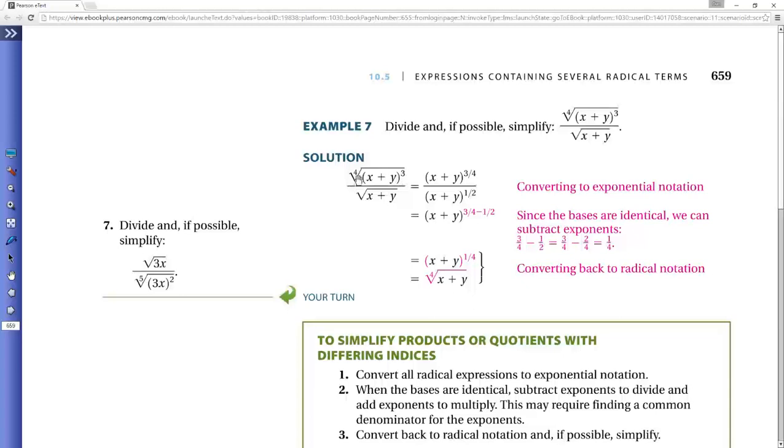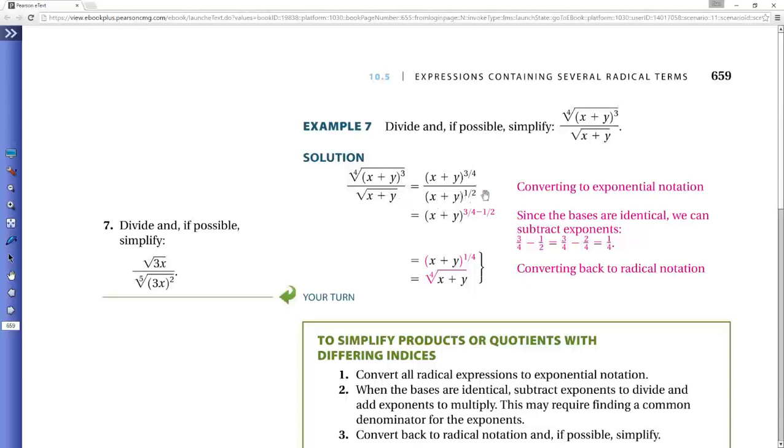But really what you're doing is, if this is the 1/4 power of this whole thing, you take power of power, you multiply 1/4 times 3, and you get 3/4. Here is the square root, so there's really a 2 there. So I have x plus y to the 1/2 power.